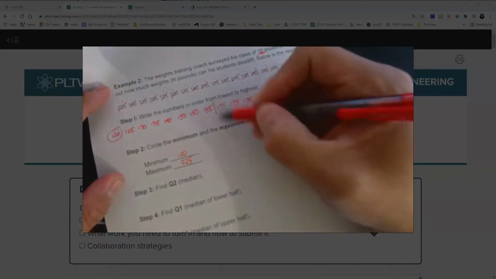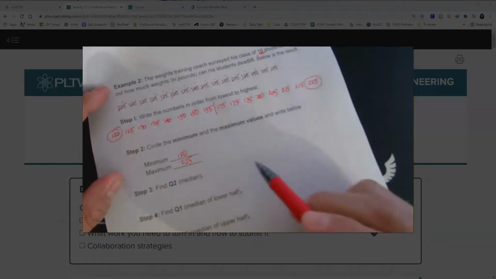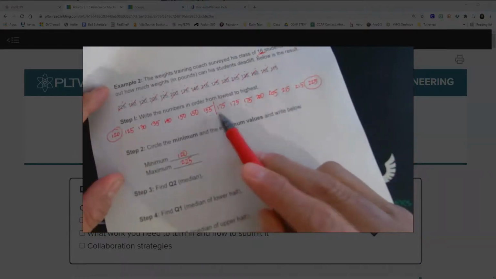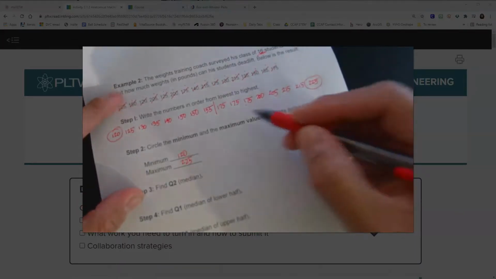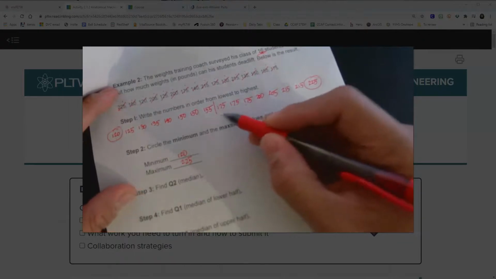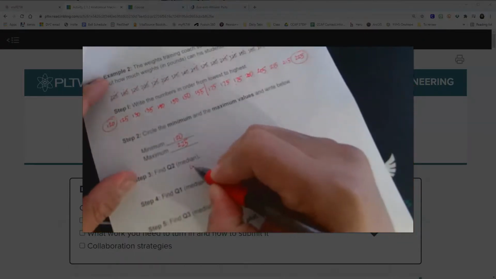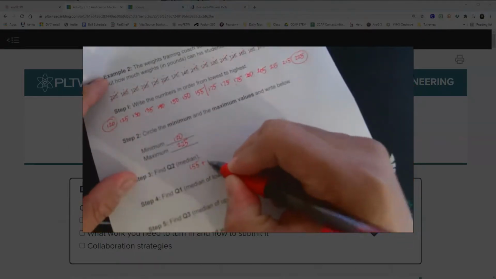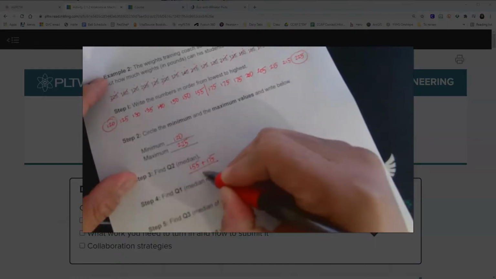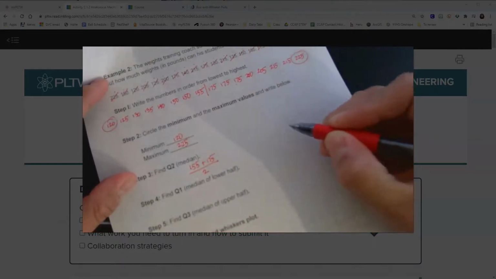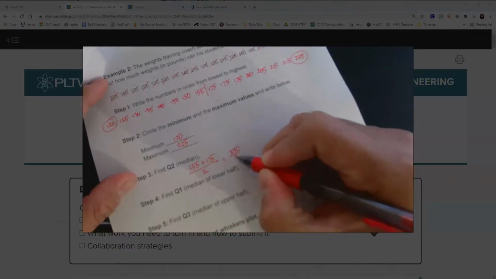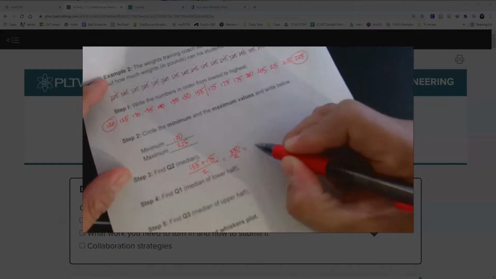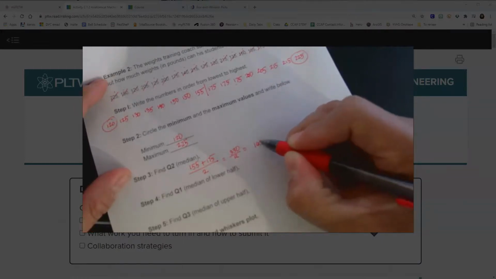What we get is a line in the middle of the 8th number and the 9th number. So the median would be the average of these two numbers. We add 155 plus 175 divided by 2. So 155 plus 175 will be 330 over 2. And if we divide it, our median now is 165.